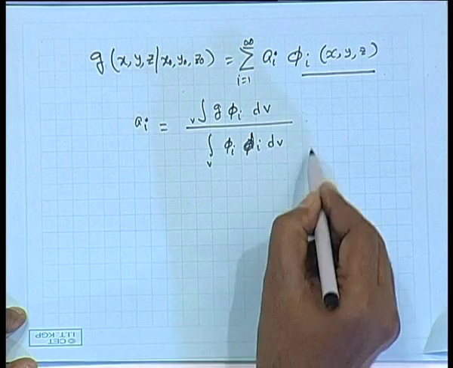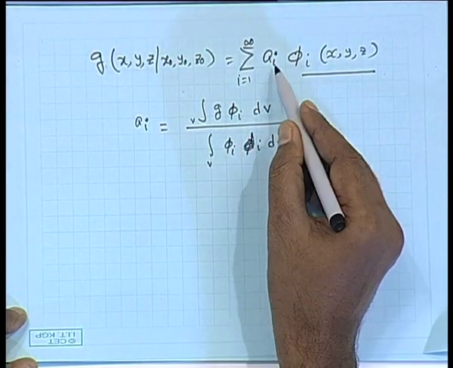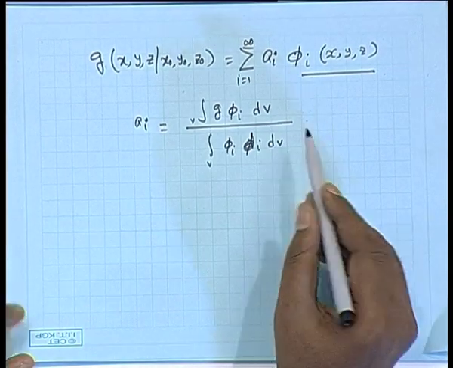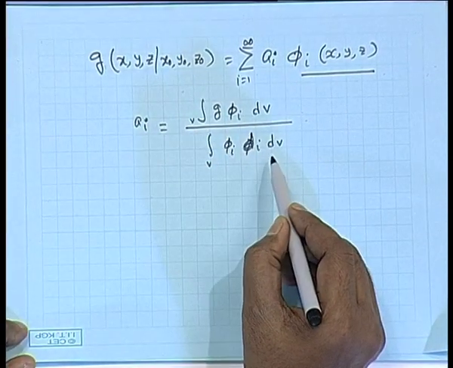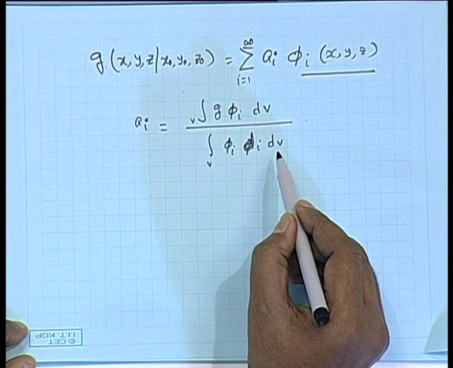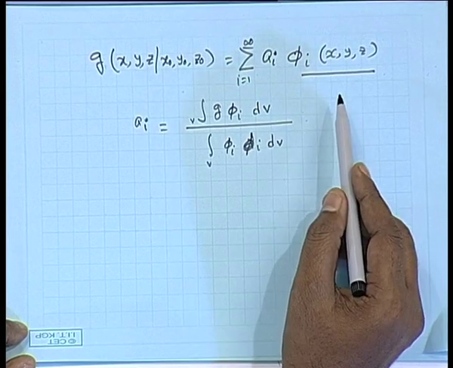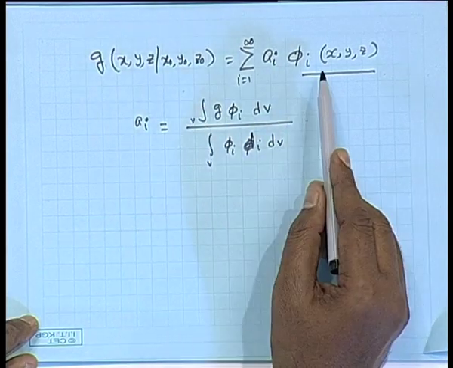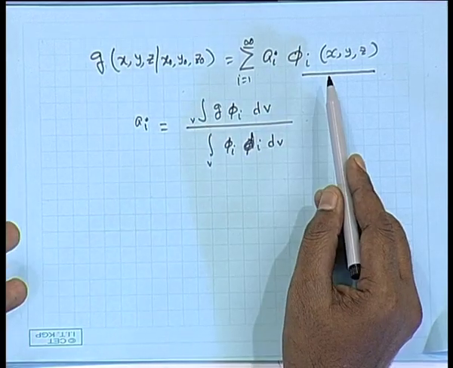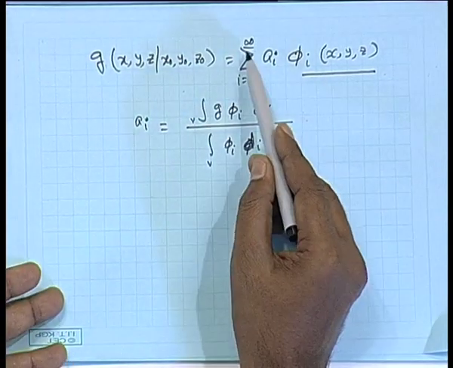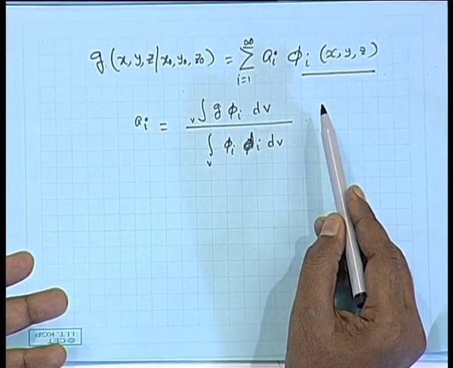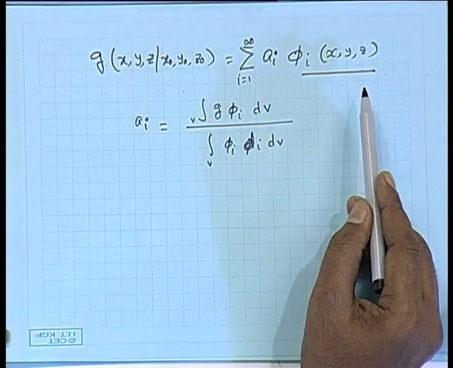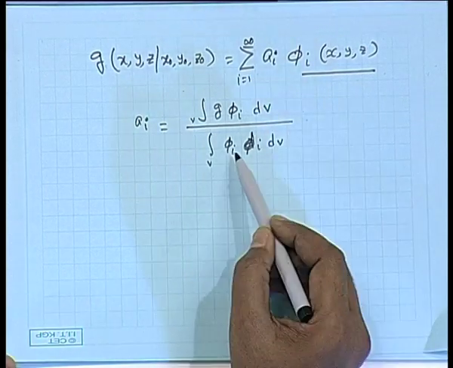You can write the expression of the constant a I provided the condition holds. What is the condition? All the eigenfunctions are orthogonal. If all the eigenfunctions are orthogonal, you can multiply both sides by phi j and integrate and open up the summation. If phi I and phi j are orthogonal to each other, then all the terms will vanish except one term, that will be phi I and phi I.